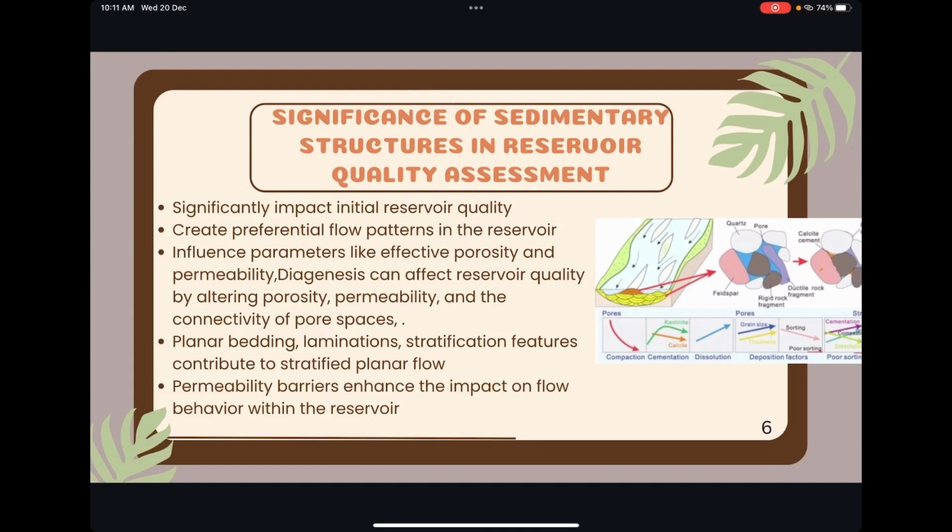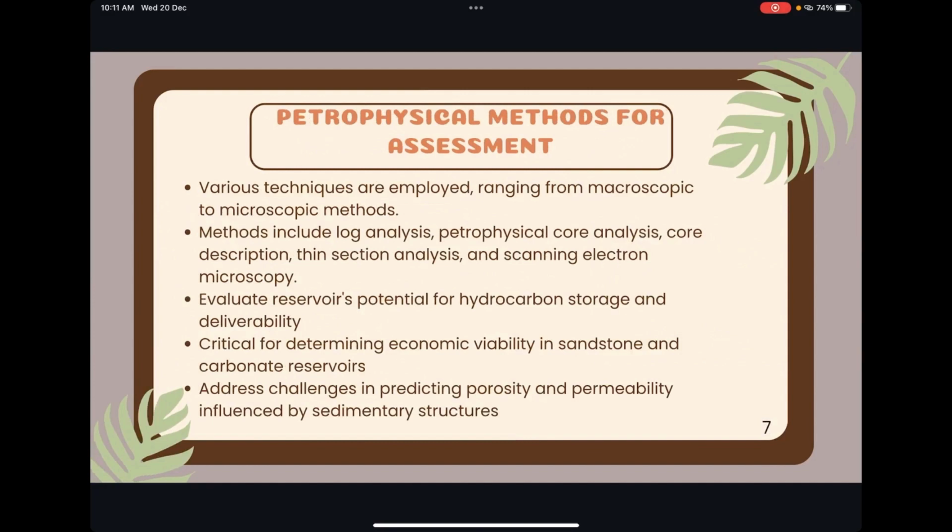Here is a picture of the stages the pores go through, like cementation and dissolution, in the diagenesis process. And next are the petrophysical methods for assessment, or how to assess a reservoir. Various techniques are used, ranging from macroscopic to microscopic methods.